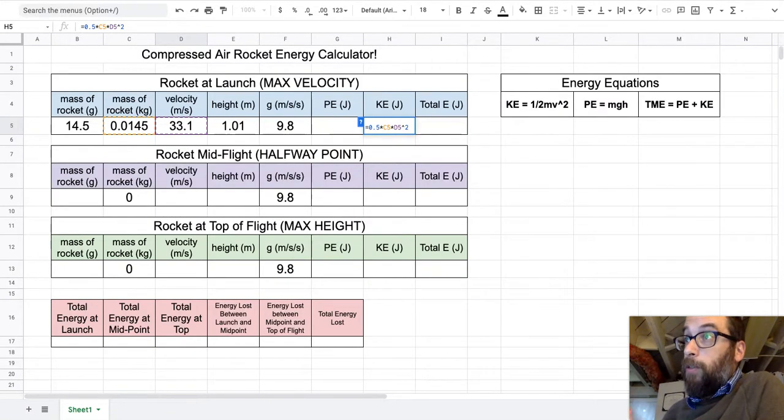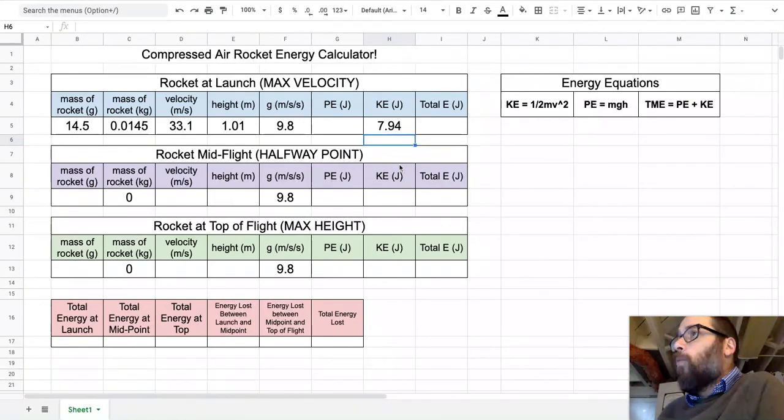We have instructed the spreadsheet to take 1/2, multiply it by whatever number is in cell C5, and multiply that by the square of whatever number is in D5. And that is going to give us our kinetic energy, because kinetic energy is equal to 1/2 the mass multiplied by the velocity squared. When I hit enter, it gives you a number.